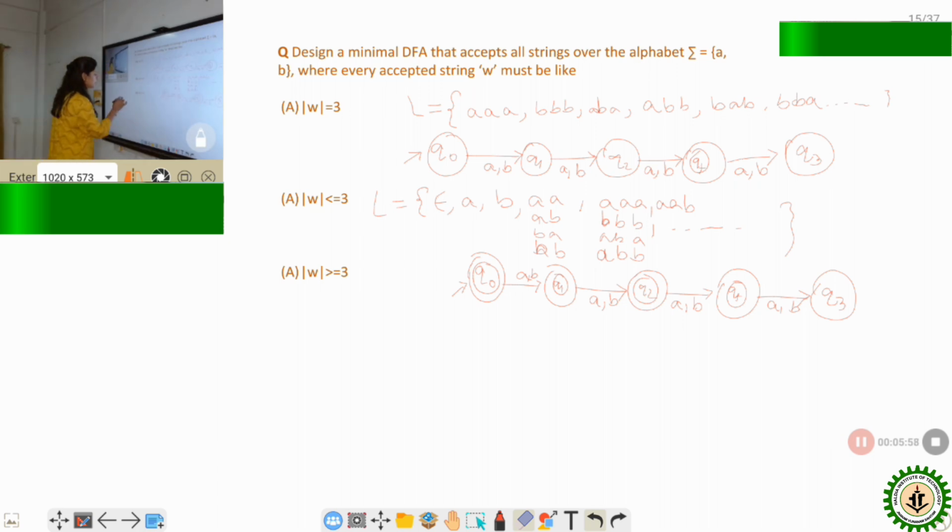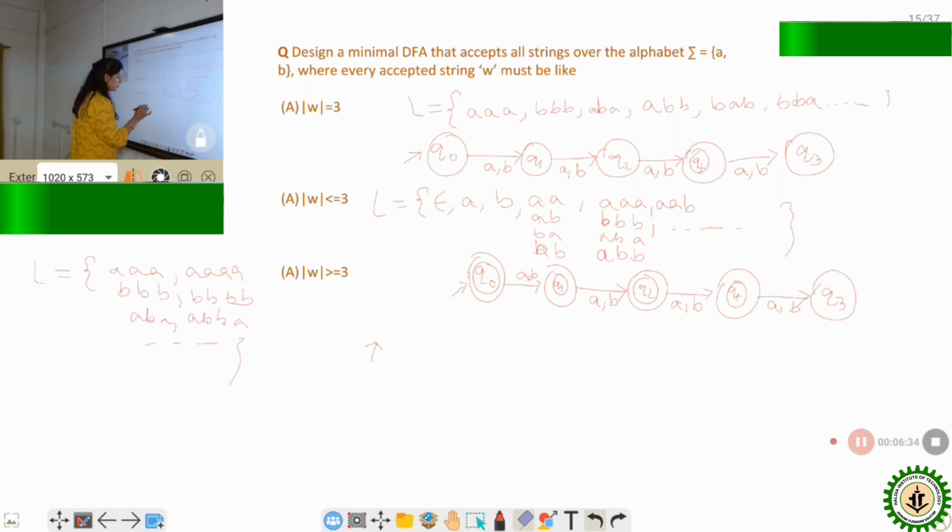So here, A will be invalid, B will be invalid, double A, double B will be invalid, and triple A, triple B, four A, four B, ABA, AB, BA will be accepted.